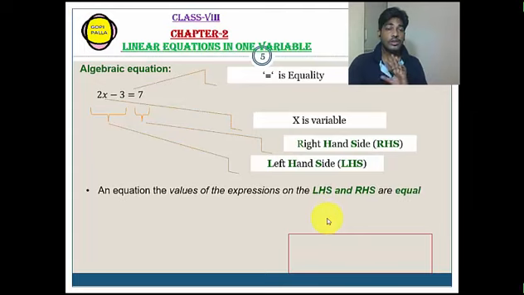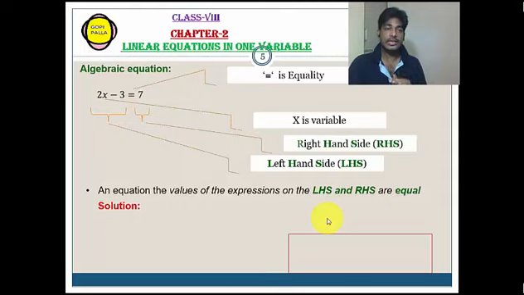So the condition of an algebraic equation, you should always remember, is that the values of the expressions, 2x minus 3 is one expression and 7 is the other expression, on LHS and RHS should be equal all the time. So that is the condition of the algebraic equation. Now, how to solve it: we know that x will take different values, but for what value of x will the equation be satisfied?